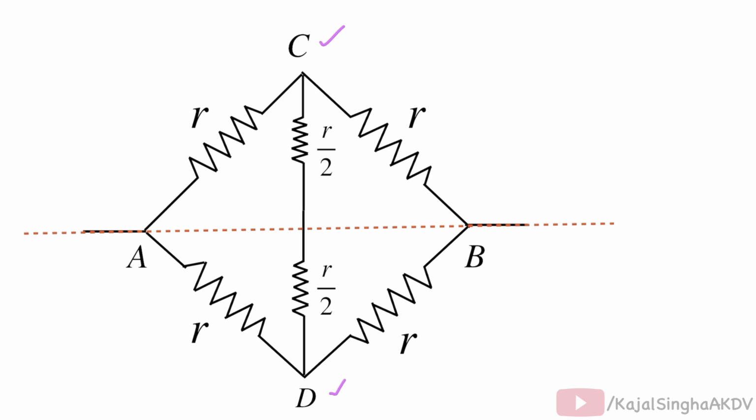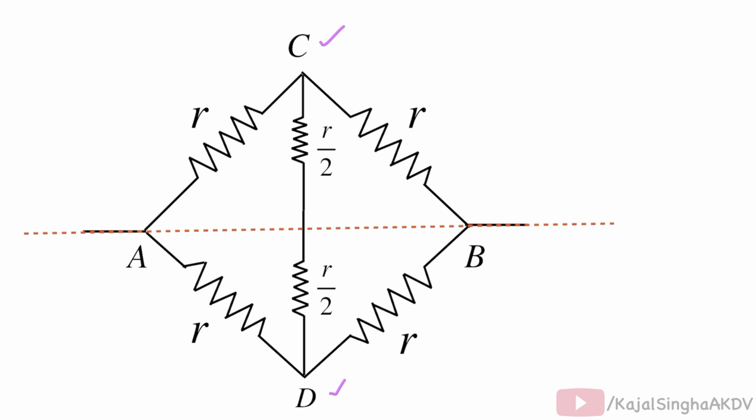Now, if we fold this circuit along the line AB, then the upper half of the circuit coincides completely with the lower half of the circuit. So, this type of symmetry is called folding symmetry.